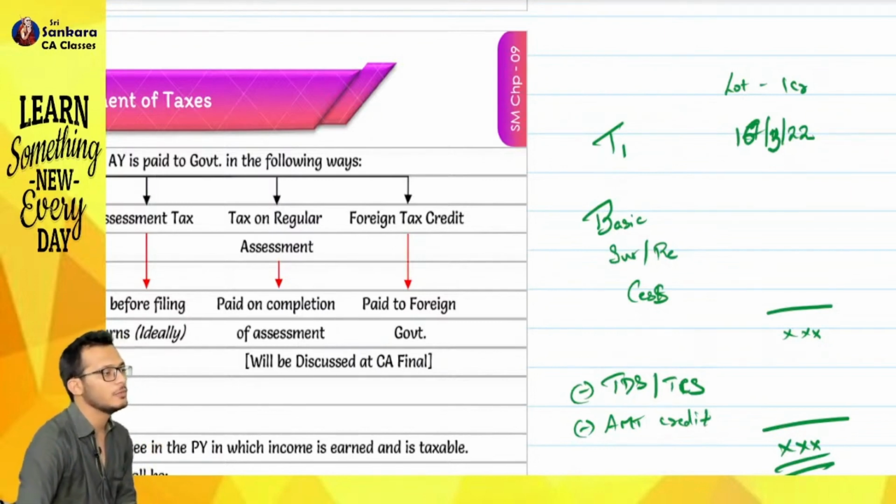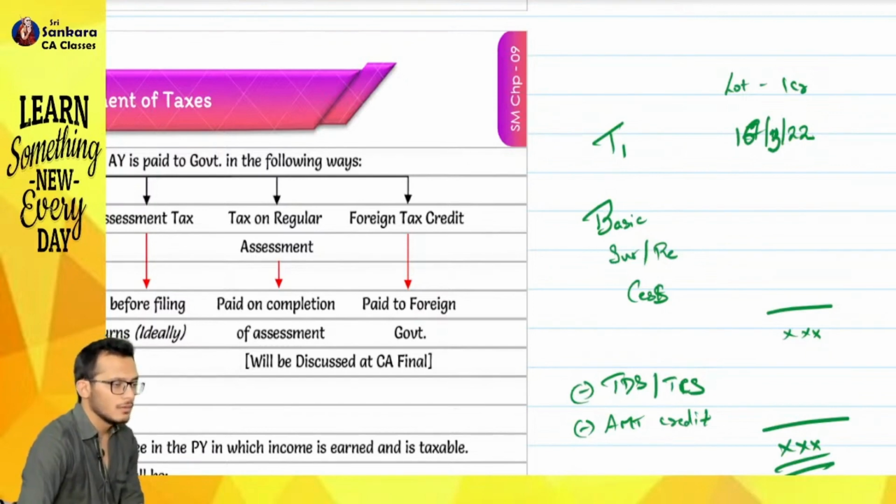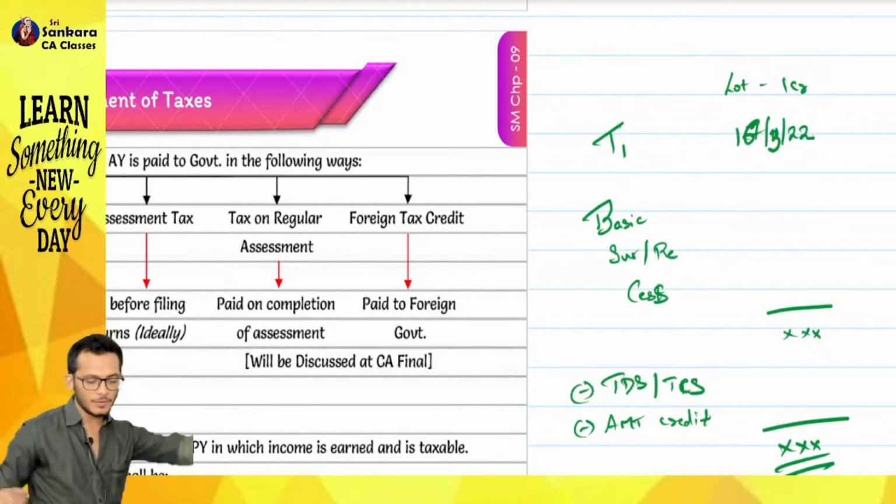So for these incomes you pay advance tax before 31st March, 100% you make it before 31st March. If you make it before 31st March, good for you, 234B will not apply. If you don't make it before 31st March, 234B will apply. 234C will anyway not apply because it stopped on 15th March itself. Clear? Yes, yes. These are the provisions of advance tax.